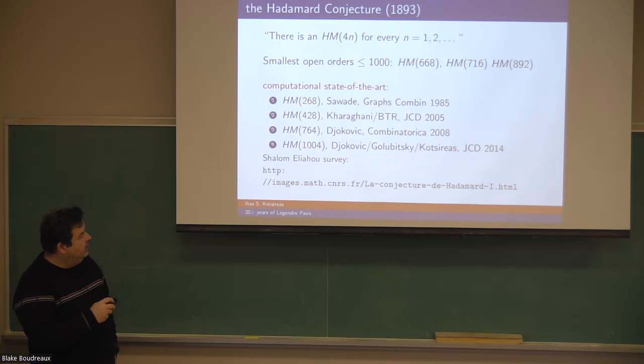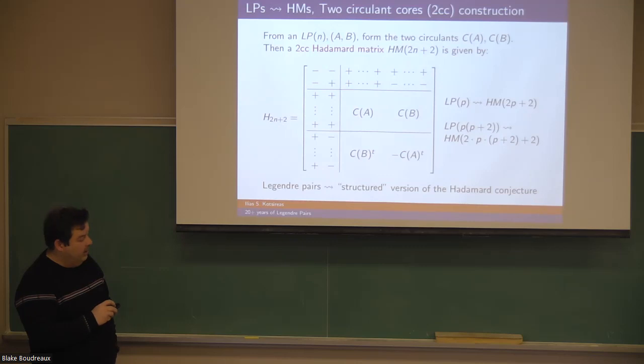We found the Hadamard matrix of order 1004. And Shalom Eliahou in France has a very nice website on the Encyclopedia of Mathematics of the CNRS. You can read up more on the Hadamard conjecture. I will come back to it in a minute.